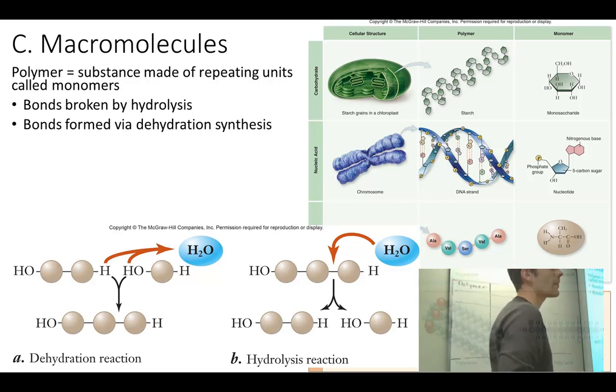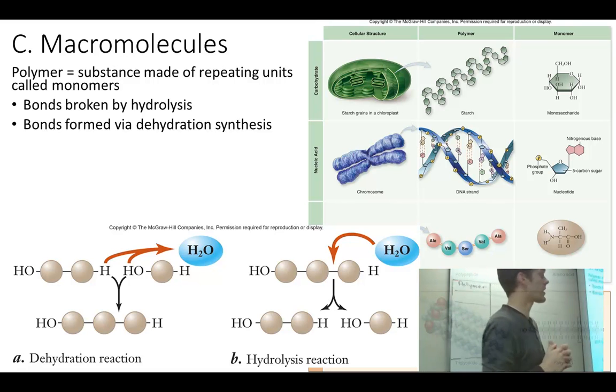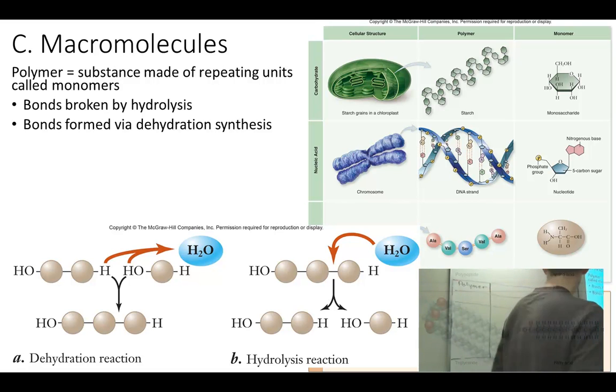And all of them, in order to form bonds, require the removal of a water molecule, and that's called dehydration synthesis. So, when a bond is formed, you have an OH on one molecule and an H on the other molecule that combine to make a water molecule.